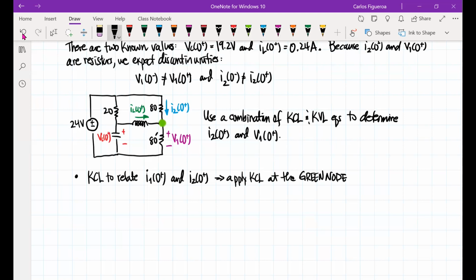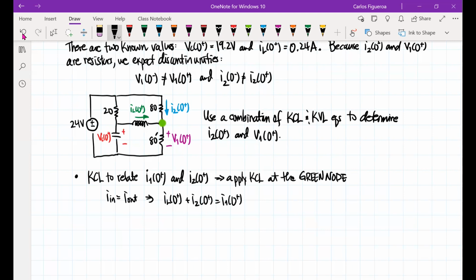The current in has to be the current out. So the current in must be IL of 0 plus plus I2 of 0 plus equals I1 of 0 plus.